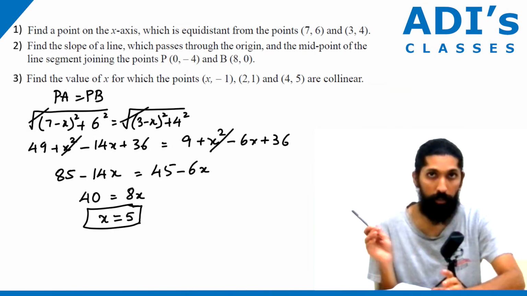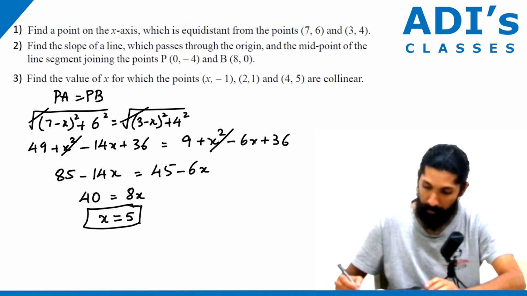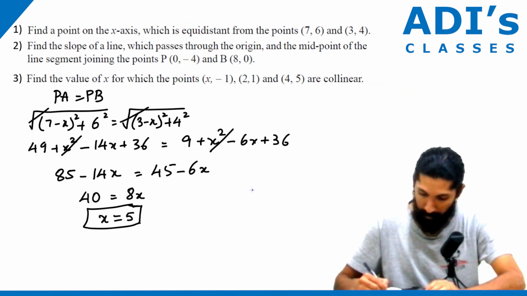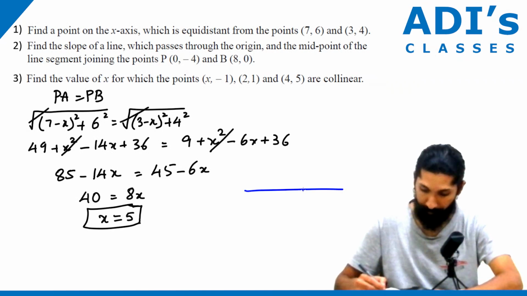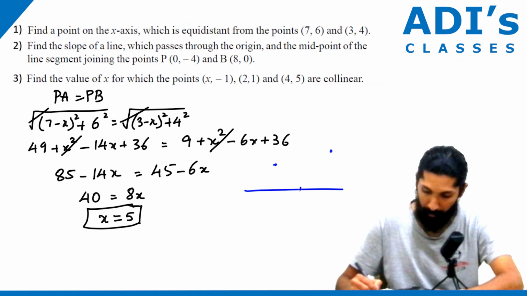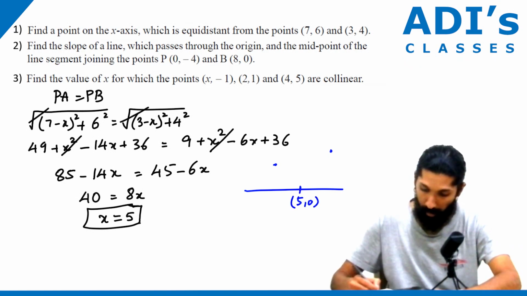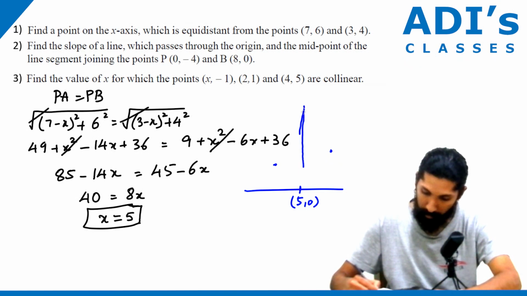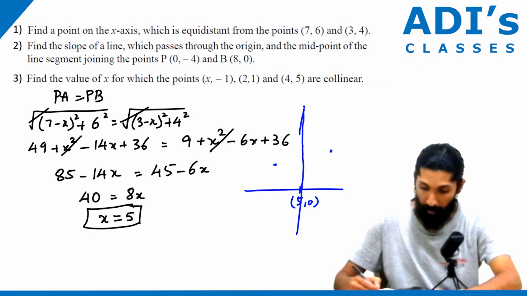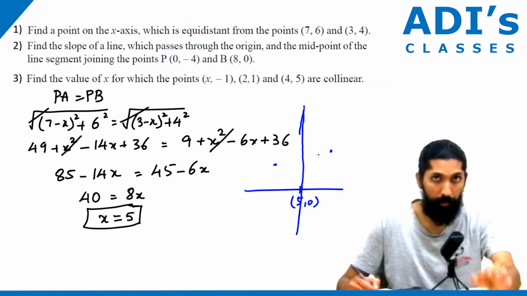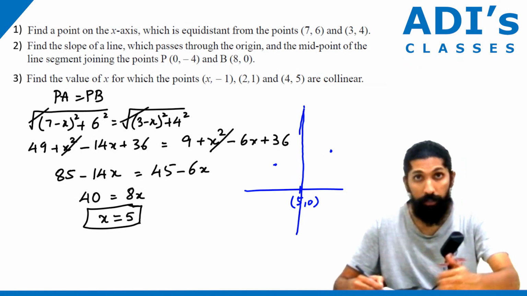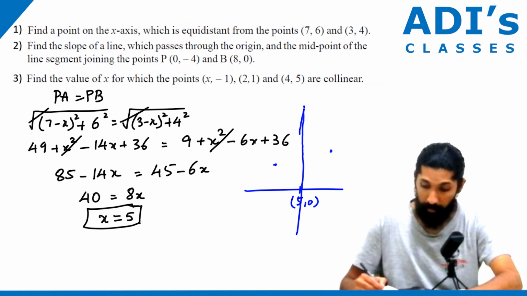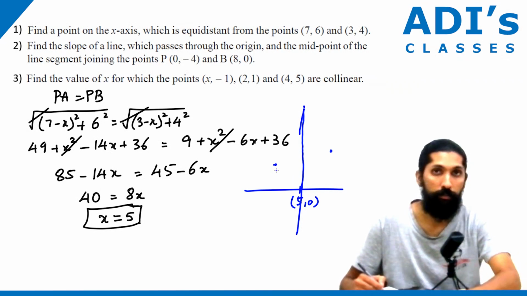The reason why we can use that particular formula is, guys, think about it. This is the x-axis. The two points are here, something like this. The midpoint is this, (5, 0), the equidistant point. Now if you draw a straight line passing through this particular point, any point on that line will be equidistant from these two points because they form an isosceles triangle.